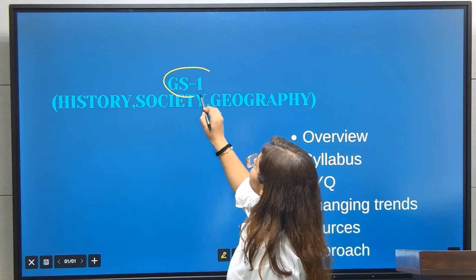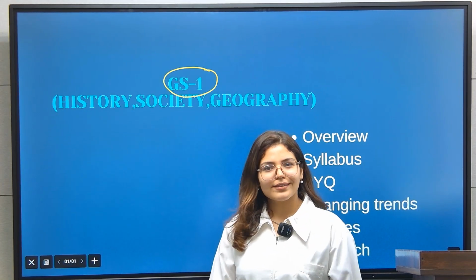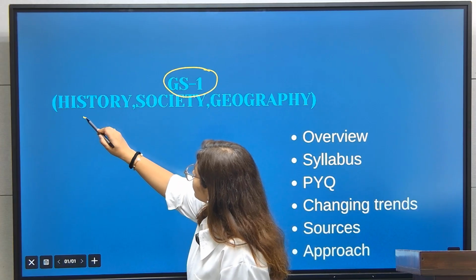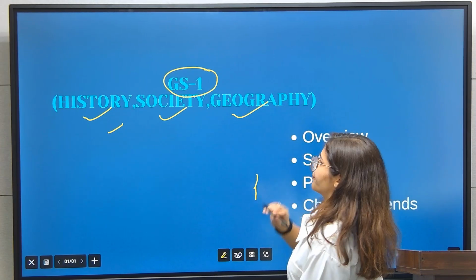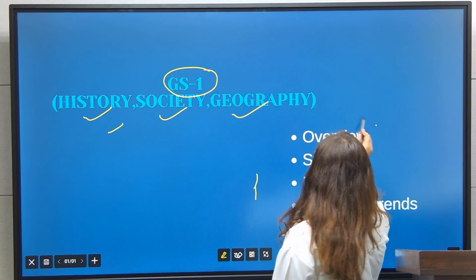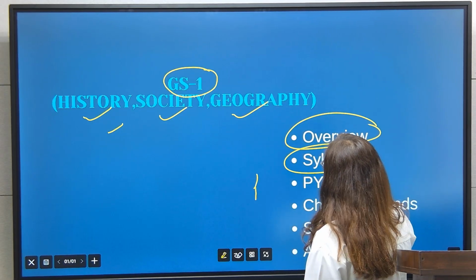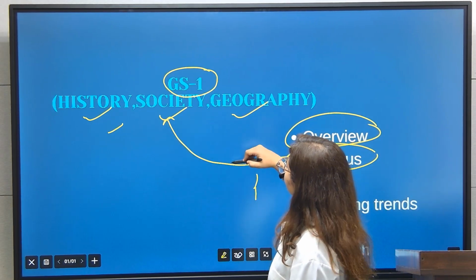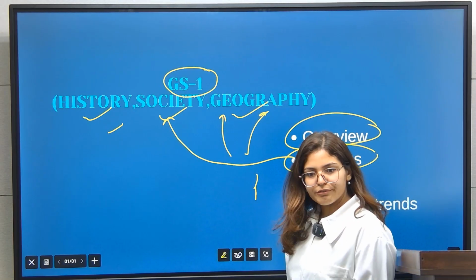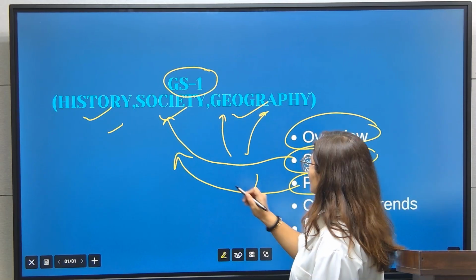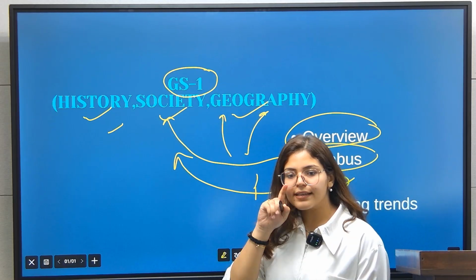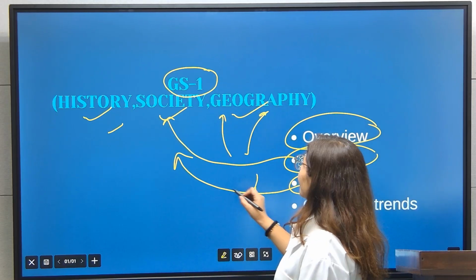In the GS1 examination, there is history, there is society, and there is geography. We will see the syllabus of all subjects one by one: history, society and geography. We will also do some PYQ analysis, and on the basis of that analysis, we will have some themes.